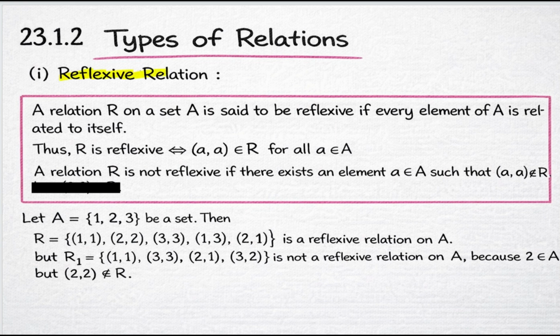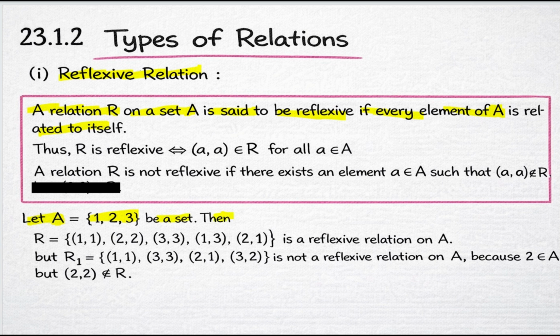Then what is a reflexive relation? A relation R on a set A is said to be reflexive if every element of set A is related to itself. Be careful. I will go through an example, then you can understand clearly. Let set A contain three elements.